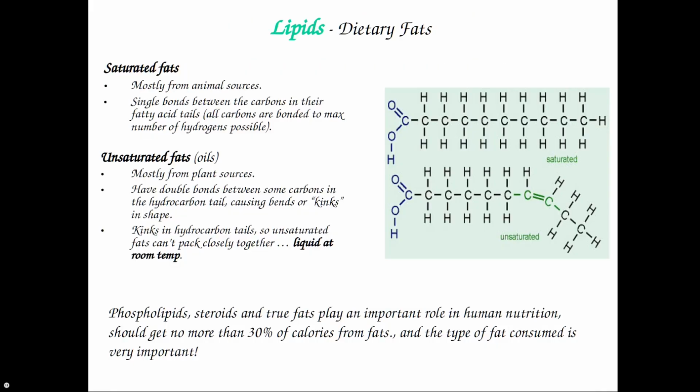Previously I told you about two main groups of lipids. It's saturated and unsaturated lipids or fats. Saturated, it's mostly from animal sources, and normally at environment temperature they are solid and named fats. Unsaturated lipids are produced from plants, and normally they have liquid form and are named oils.